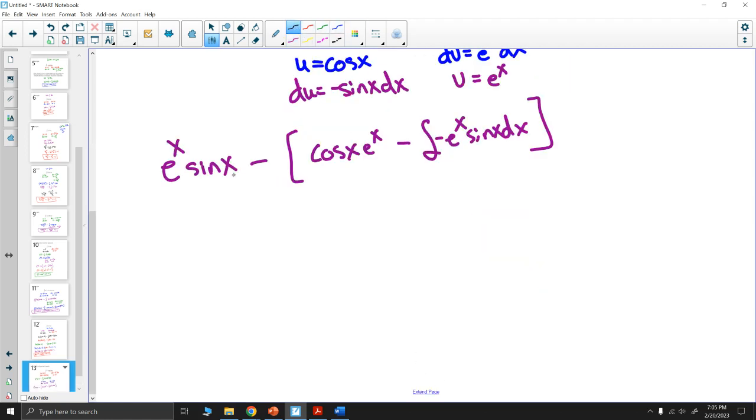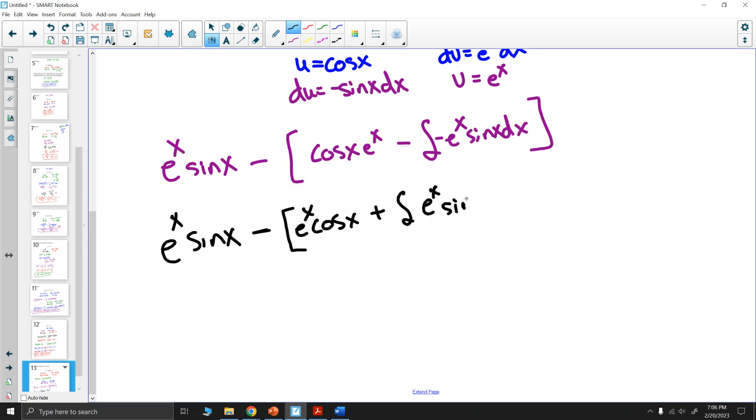Okay, so this is e to the x sine x minus, excuse me, minus parentheses, cosine x. I'm going to write the e to the x in first. e to the x cosine x plus the integral of e to the x sine x dx.